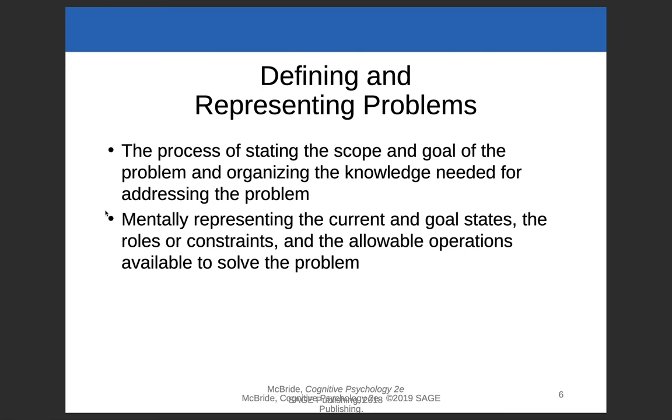And then organizing the knowledge that you need for addressing the problem. The mental representation of current and goal states, the rules or constraints, and all of the allowable operations available to solve the problem are things that you need to organize, line up, and make sure that you're able to get access to.